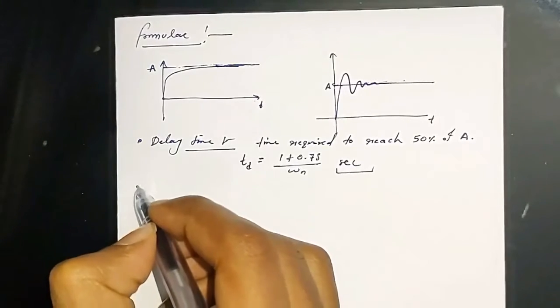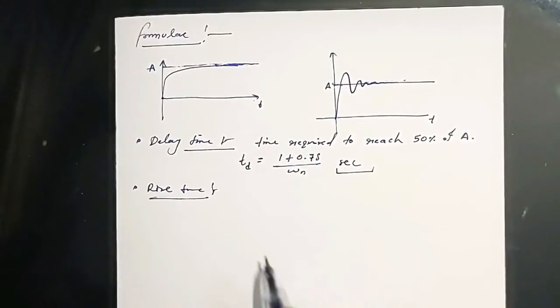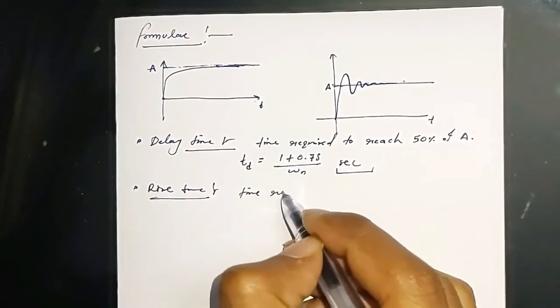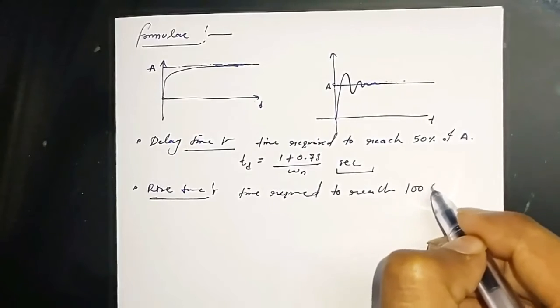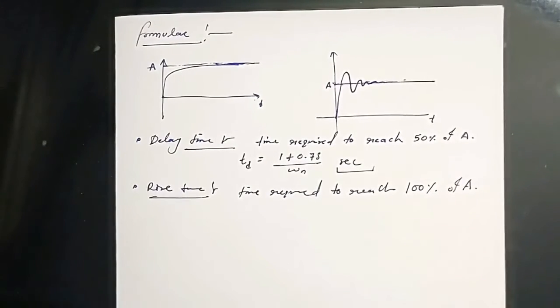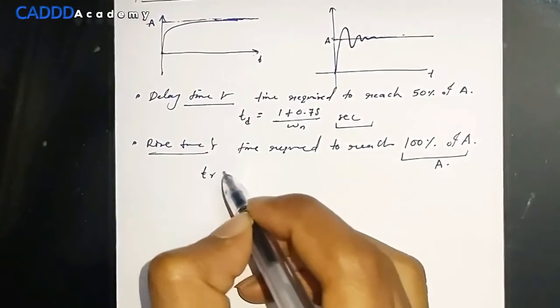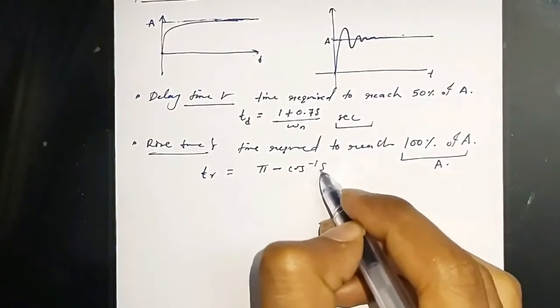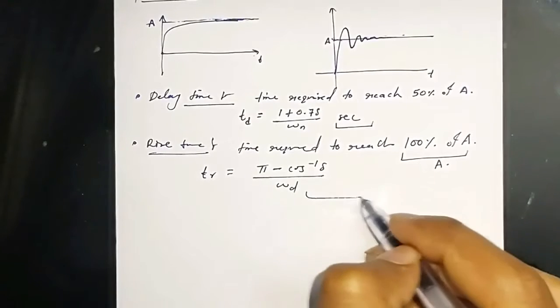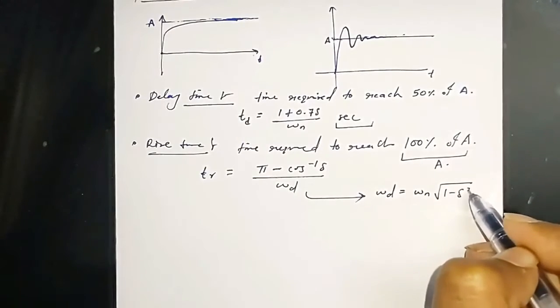Now the second thing is rise time. Rise time is the time required to reach 100% of A, which means to reach A. Rise time is denoted by TR, and the formula for rise time is pi minus theta divided by omega d, where omega d is equal to omega n times square root of 1 minus zeta square.